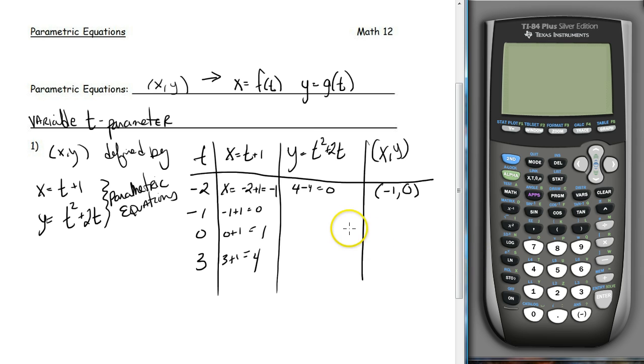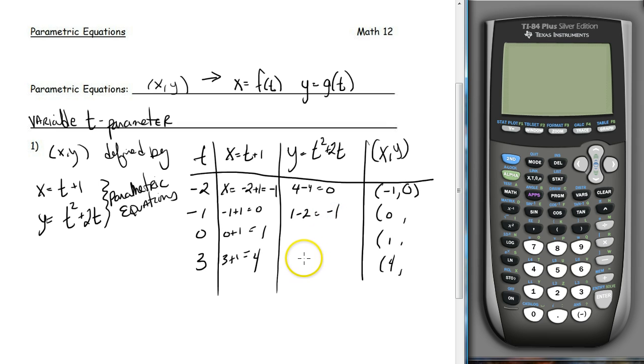Those are my x values. -1 squared is 1. 2 times -1 is -2.